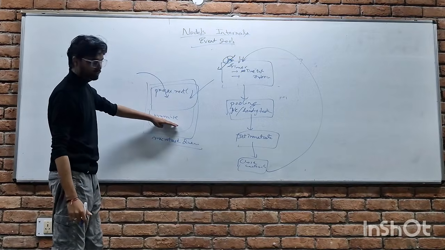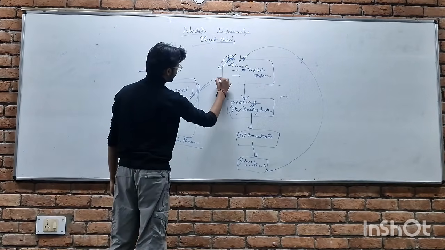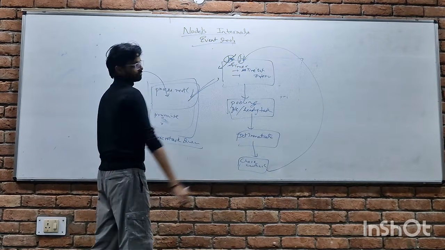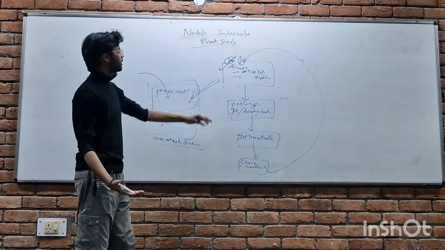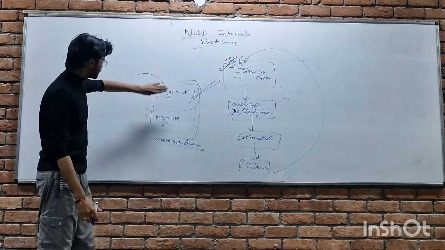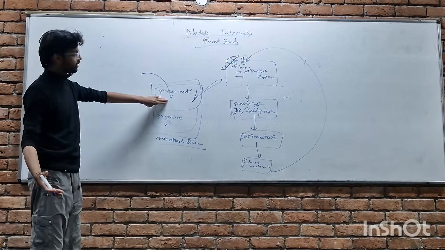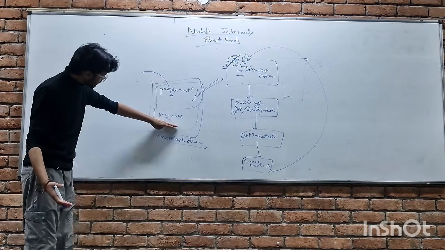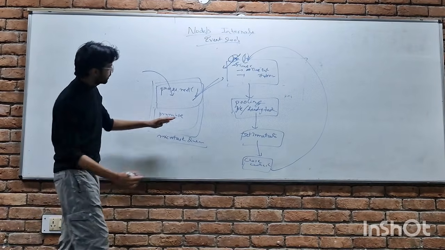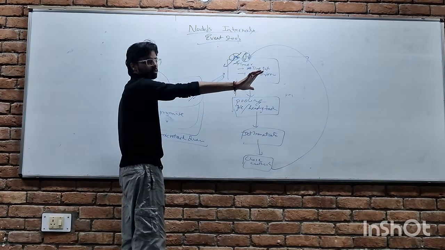Then it will go to the promise queue and check. If there is nothing present, it will go back to the timer and execute the next function. Again the same process: it completes the execution, checks process.nextTick, then the promise queue, and then goes back to the timer.